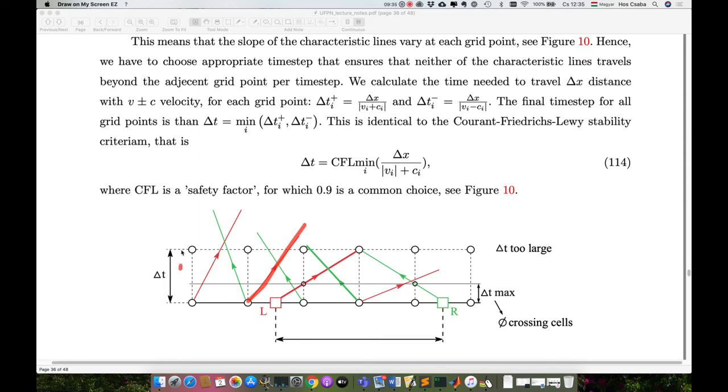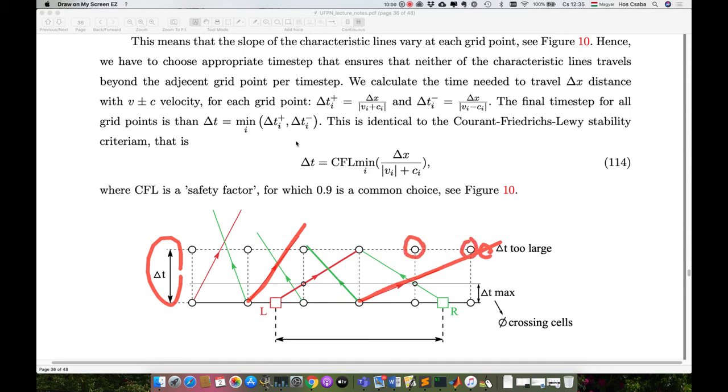So for instance, this time step is too large, because if you start a characteristic line from, let's say, this grid point, then within this time step it will pass through 2 grid points, which is not good.